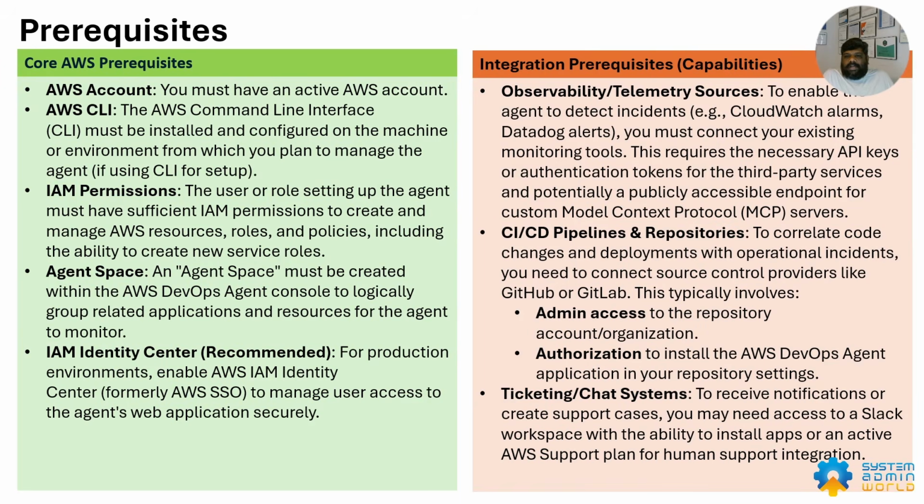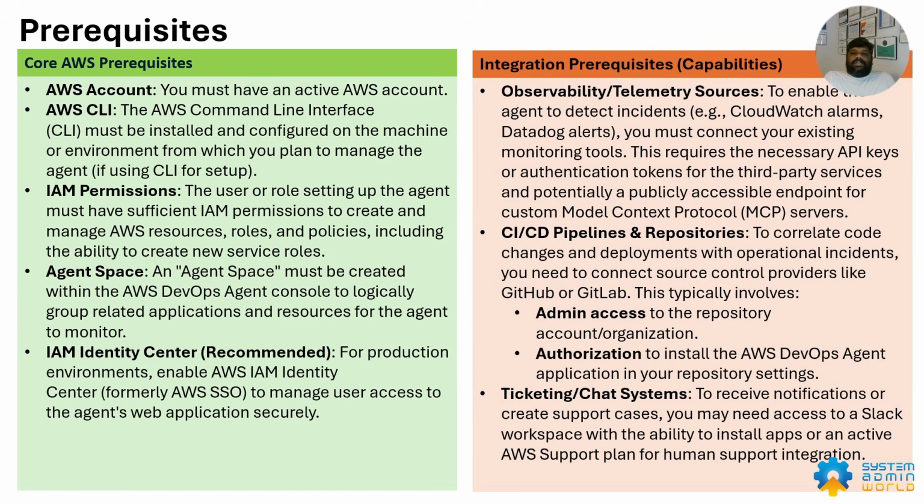Next is the CI/CD pipeline and repository integration. You coordinate and correlate your code changes with the deployments, which gives you the flow status of your implementation from source control providers like GitHub or GitLab. This typically involves admin access as well as the required authorization from the DevOps agent perspective.